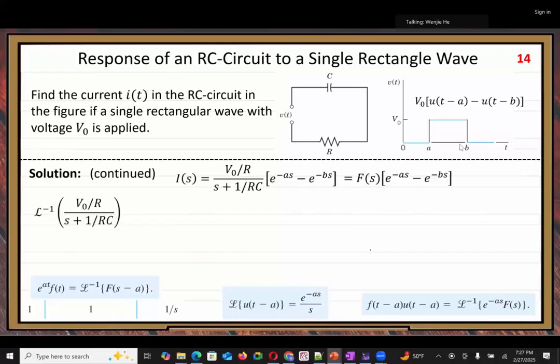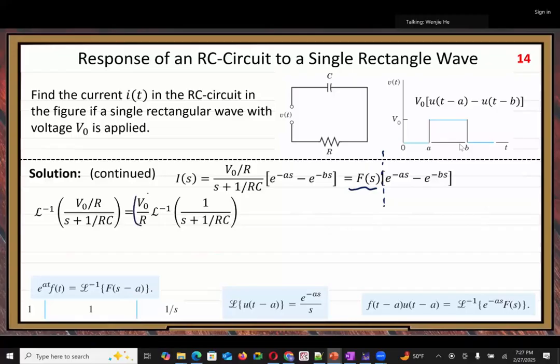First, we calculate the capital F part, because for the remainder we apply the second shifting theorem. First, let's calculate the inverse Laplace transform of F of s. The constant part can be factored out.